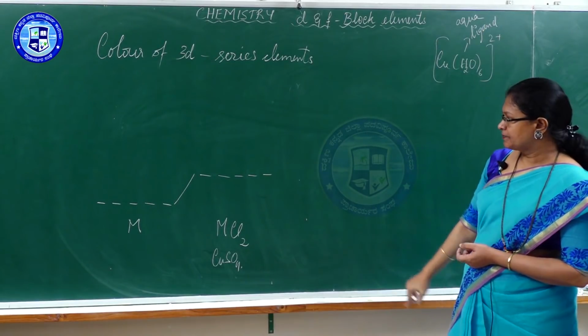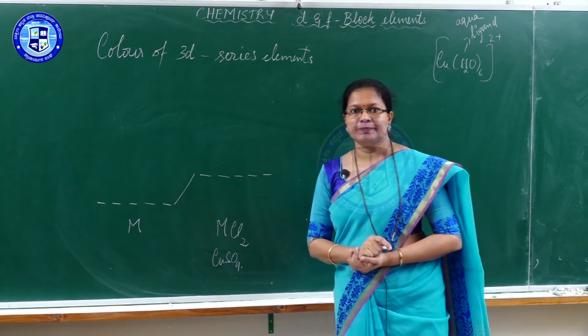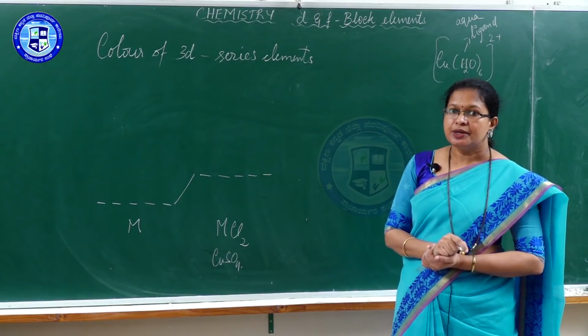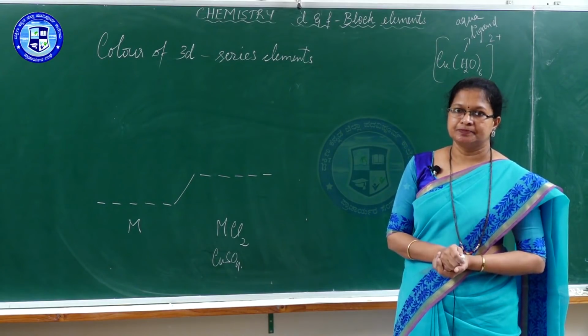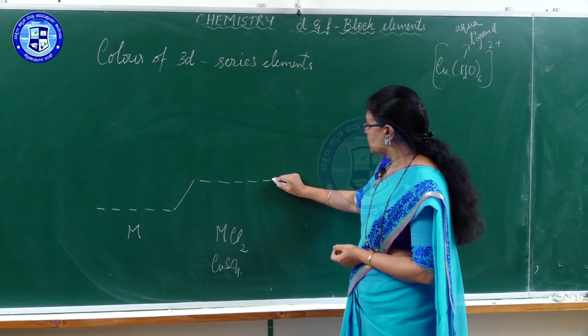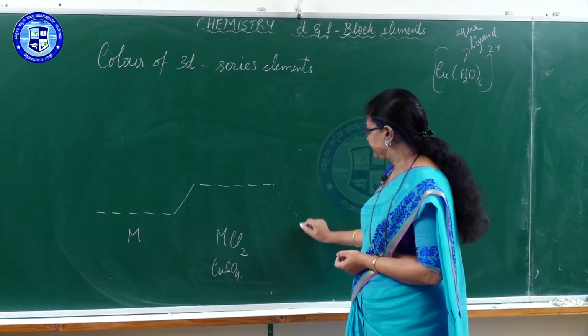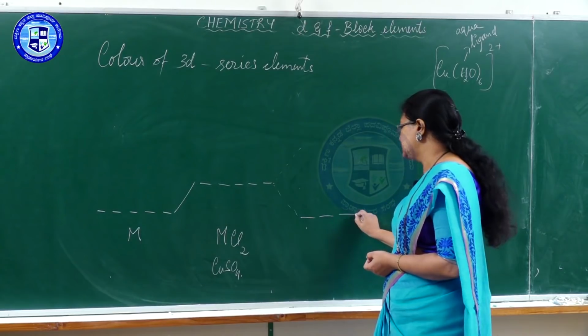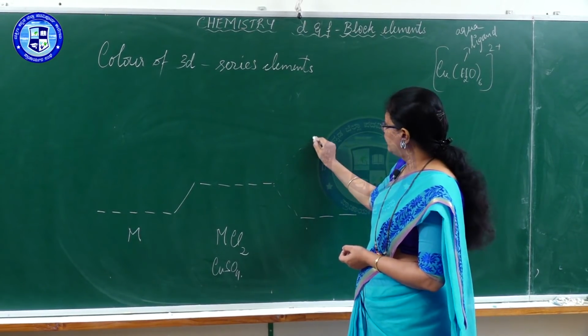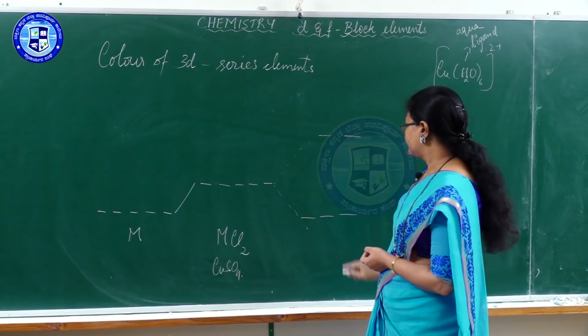In this case, these 5 d orbitals which were degenerate now split into 2 parts. One part has 3 orbitals, another part has 2 orbitals.